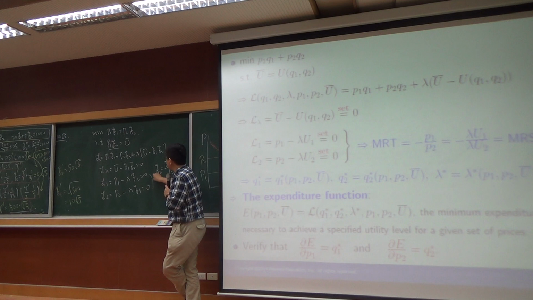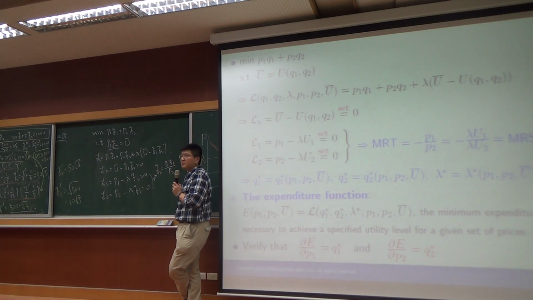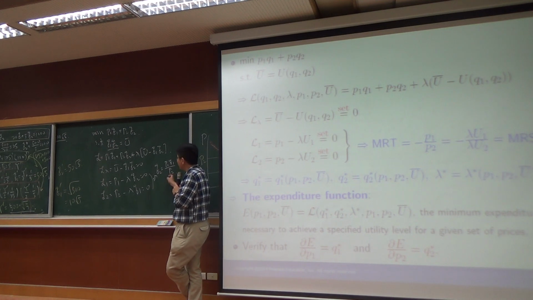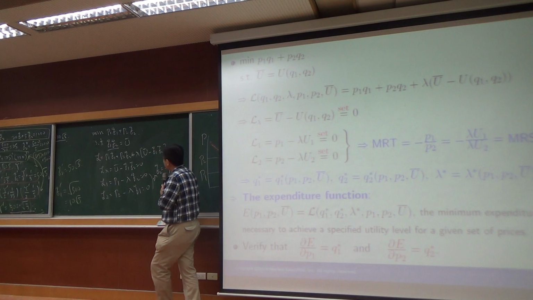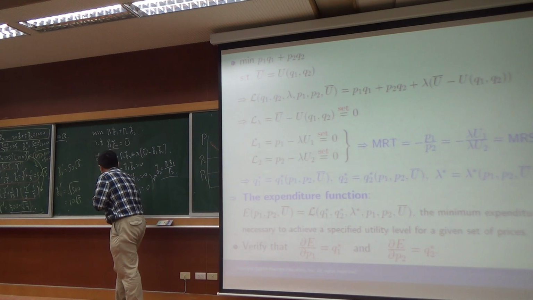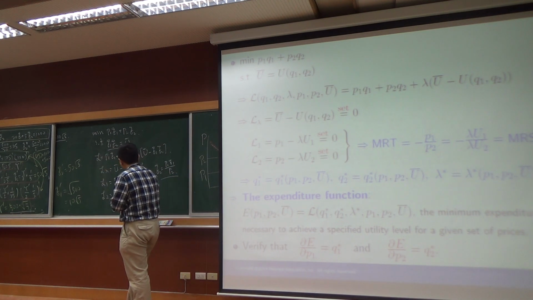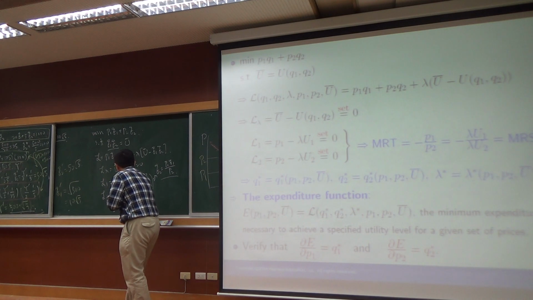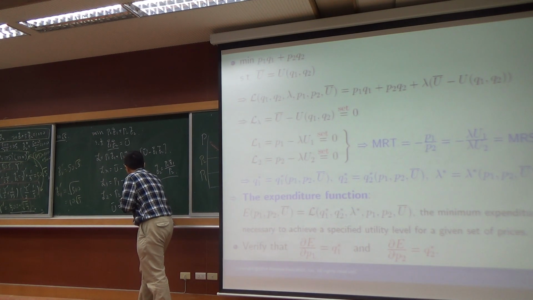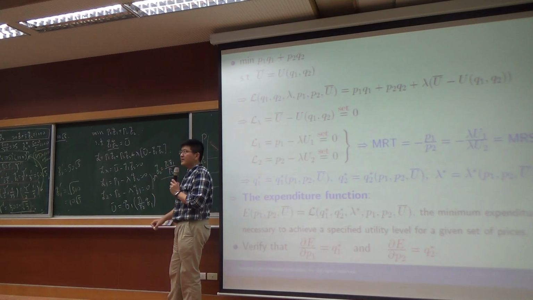Can you do this from these two equations? Yes? No? Yes or no? Can you do this? Yes, right? Now, U bar equals Q1 Q2, and Q2 is P1 over P2 times Q1, right?